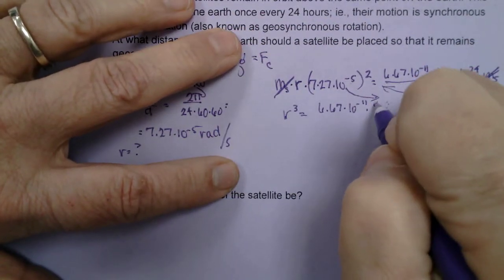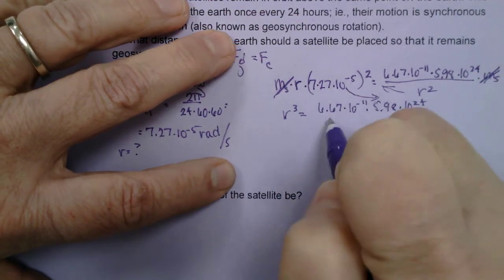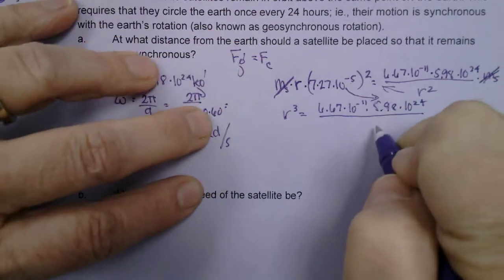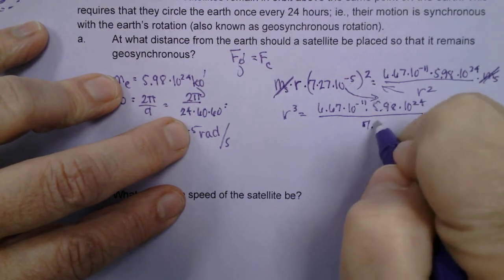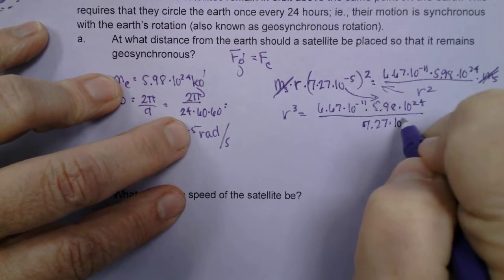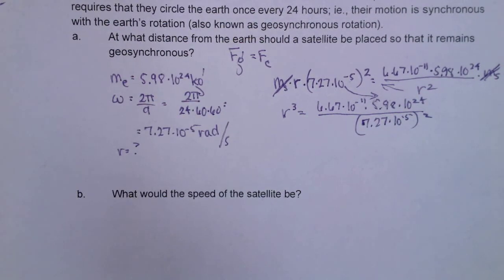That's just habit, isn't it? Times 5.98 times 10 to the 24th, all over 7.27 times 10 to the negative 5 quantity squared. All right, now this is just calculator stuff. Don't forget, when you're done, you're taking the cube root of it.